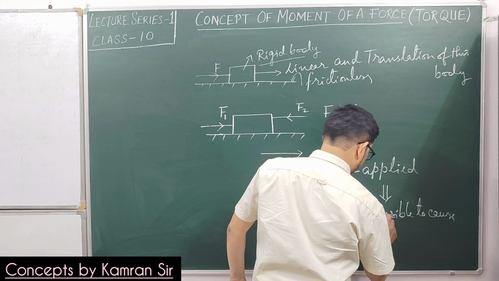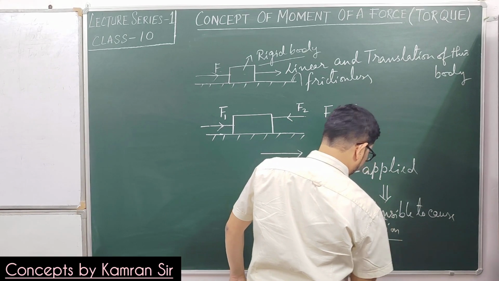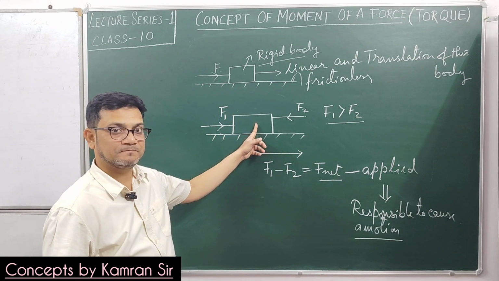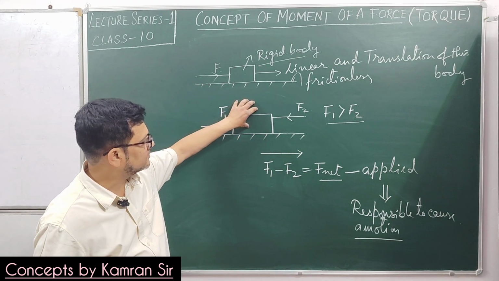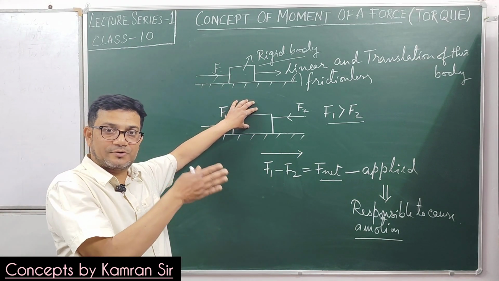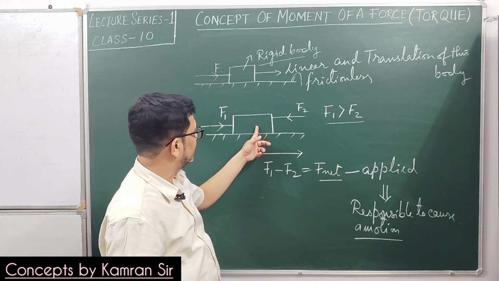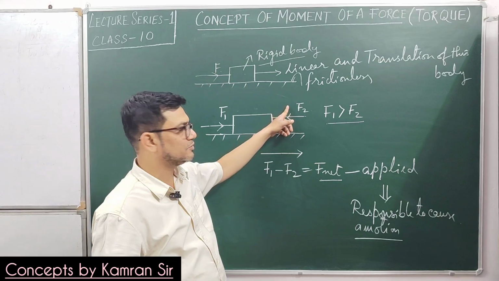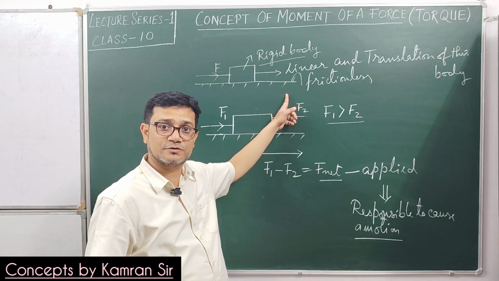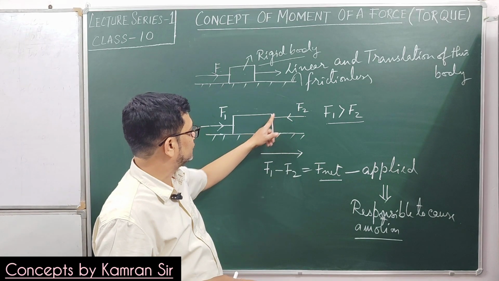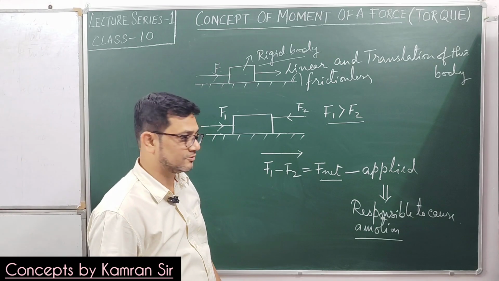To cause a motion means that there is a change in speed. We considered this body initially at rest. With the application of this net force, this body which was at rest now has a speed. So there is a change of speed. The change per unit time is known as acceleration.